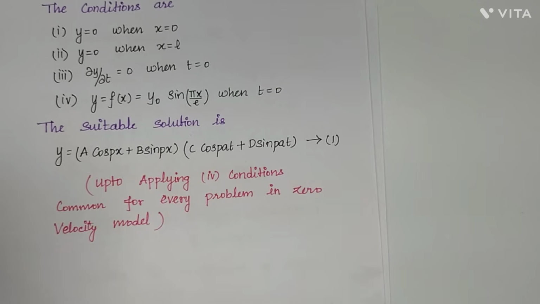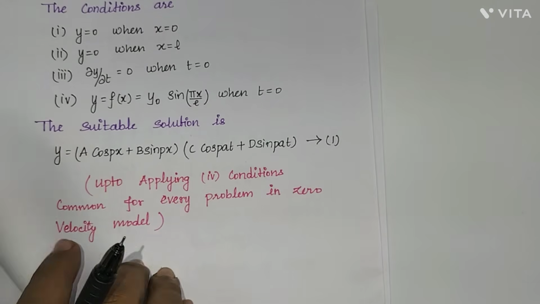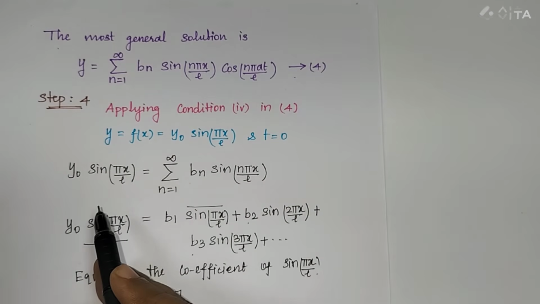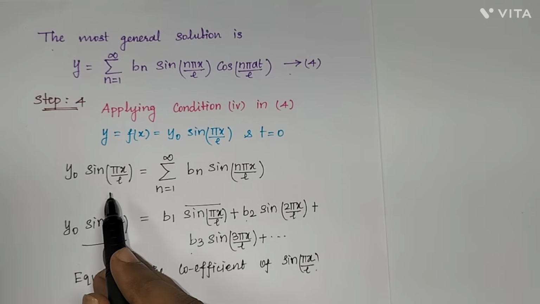Already you know that. I'm not going to teach the steps, step 1, step 2, step 3, step 4, because we gave enough explanation for this in the first video. So I'm just going to explain how to apply the condition f of x equal to y naught sin(pi x by L) in our equation.